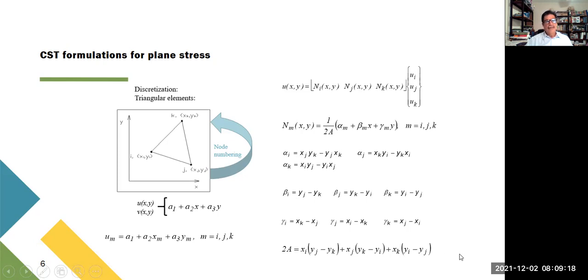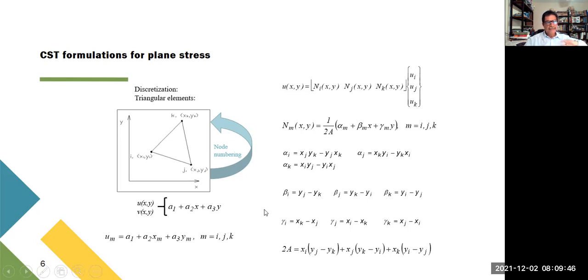Yes, it is. You can check. You can take any triangle, get the positions of these corners, apply these formulations, and the result is the area, 2A. I'm sorry, twice the area. So if you need the area, you have to divide that by 2, take 2 to the other side. Okay, and you see at least the dimensions are length squared.